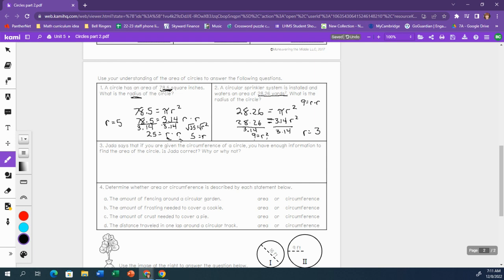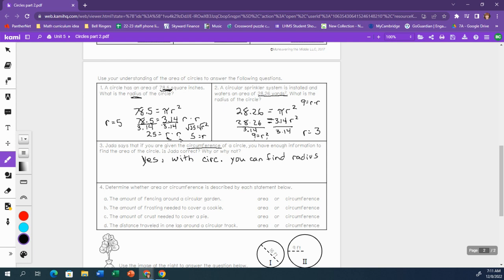Okay? Jada says that if you're given the circumference of a circle, you have enough information to find the area of a circle. Is Jada correct? Yes or no? Or why not? I would say yes. Okay? Because if you have the circumference, you can find the radius.